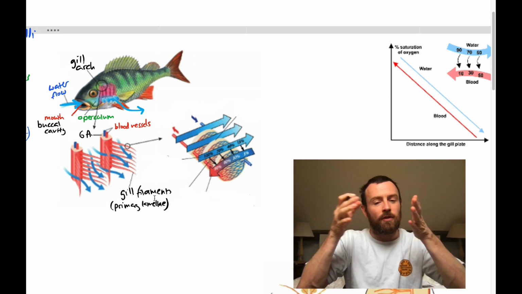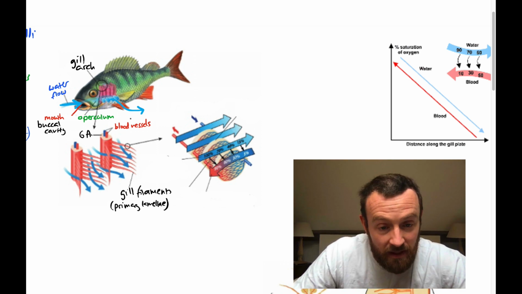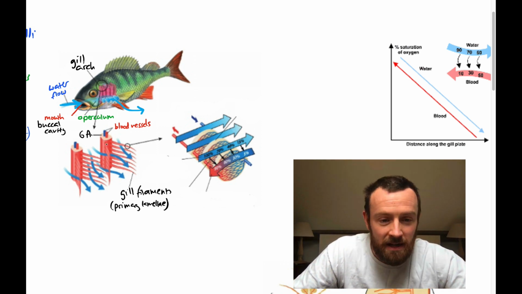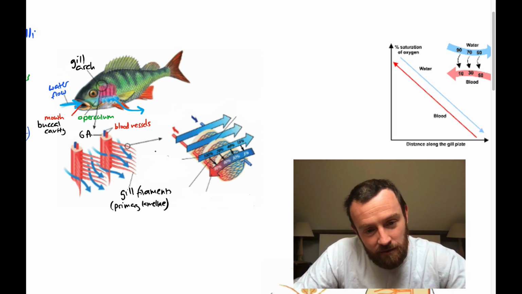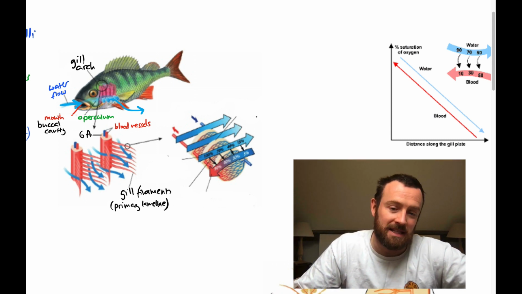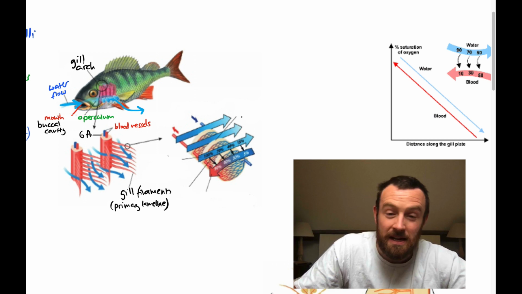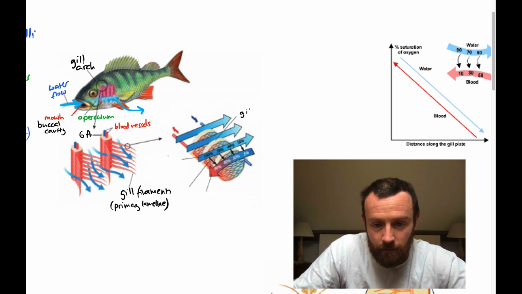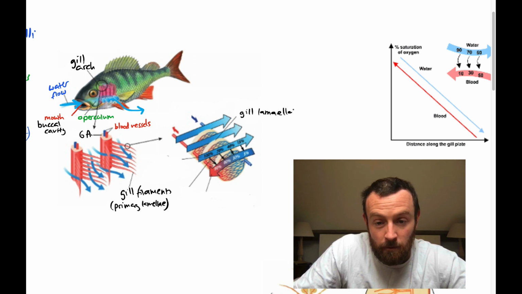And then if we look at those filaments individually, as you can see in the zoom-in here, along that filament there are many of these secondary gill plates, and they're sometimes also called secondary lamellae. So these are gill lamellae, or sometimes called secondary lamellae.